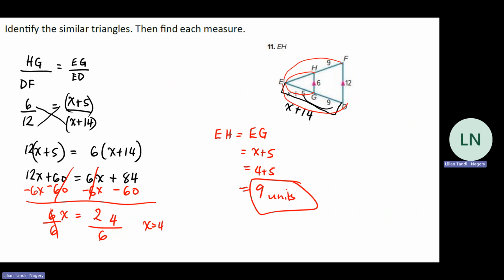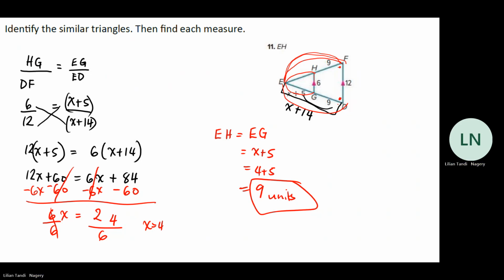That's our answer. Because HG is parallel to this. And this side is congruent. Because yes, see, this is an isosceles trapezoid.